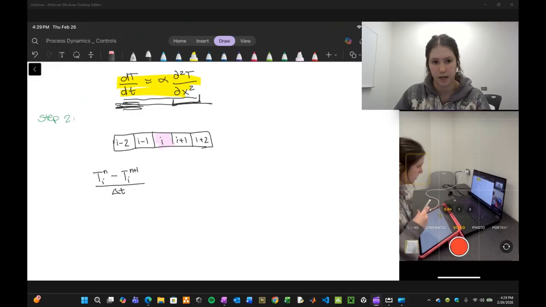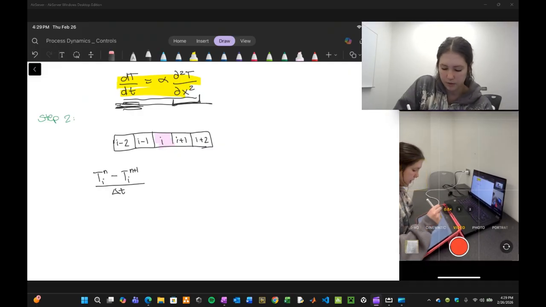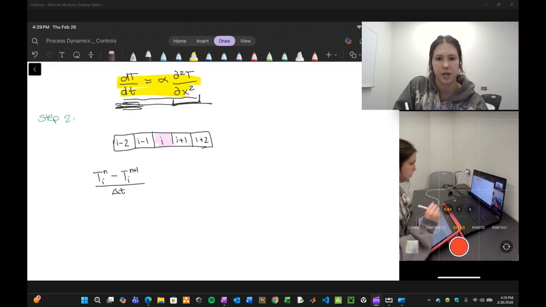And then we can redefine this other side over here as well. And this is looking at the change in temperature with respect to position and not time.